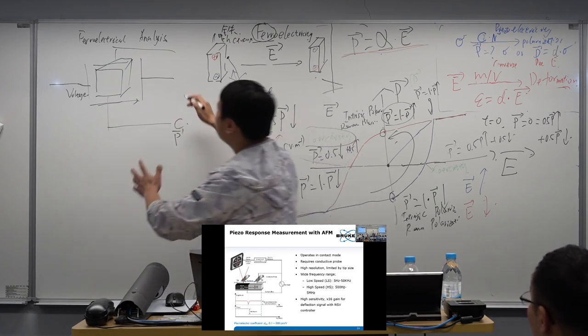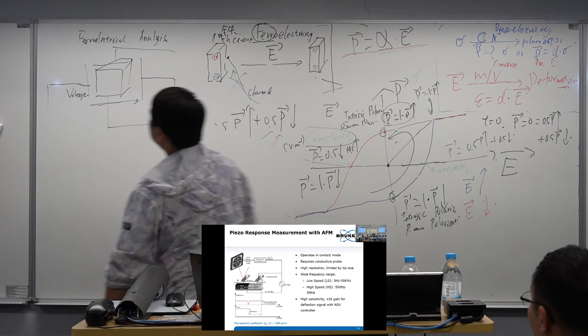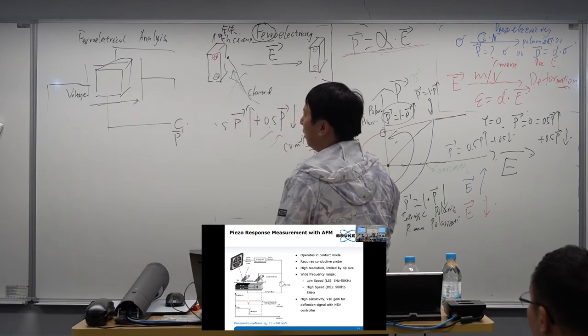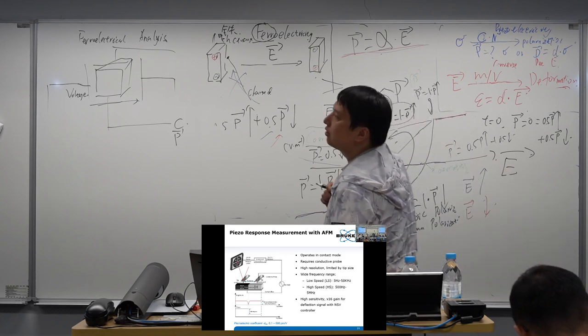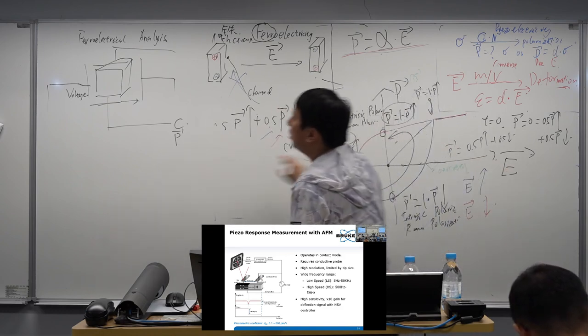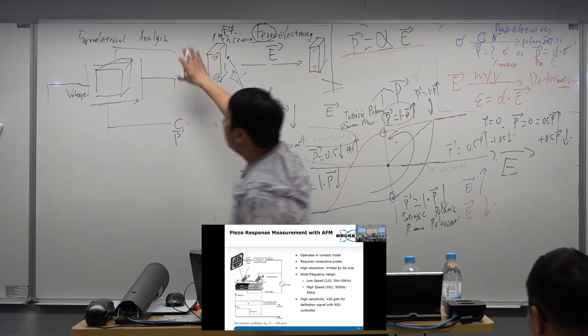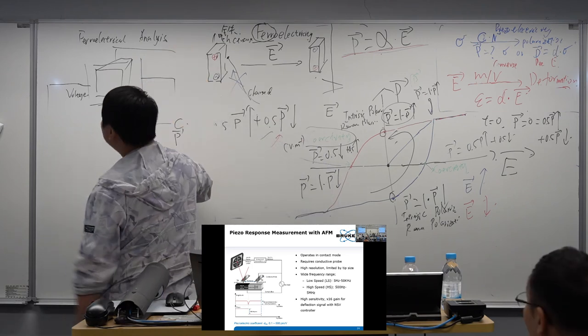And then we use this kind of loop, and we can get the P over E loops. That's the ferroelectric analysis they are doing.